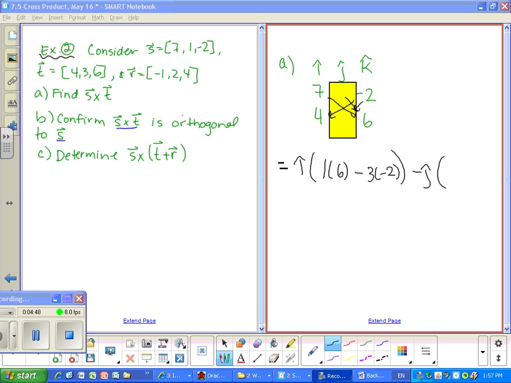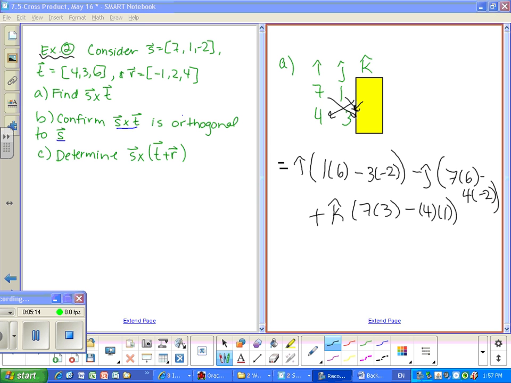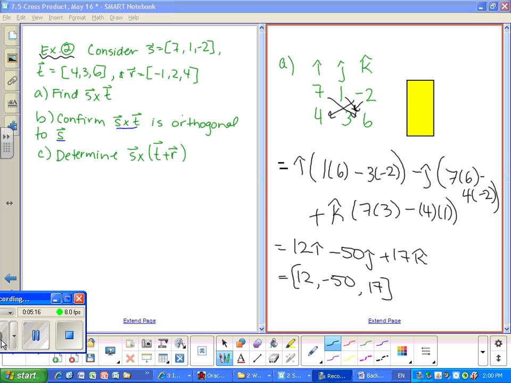We have 7 times 6 minus 4 times -2, plus... Slide it over and solve for the k. So go on the diagonal. 7 times 3 minus 4 times 1. Does that make sense? And that's what you end up with.